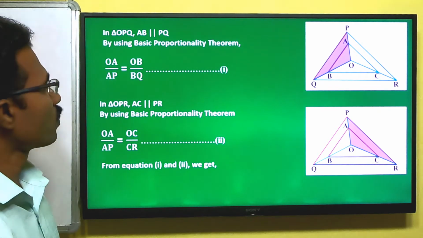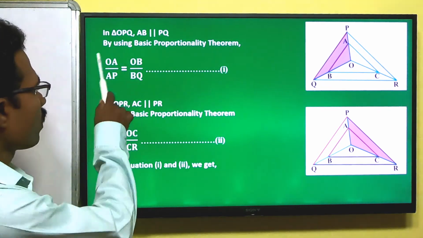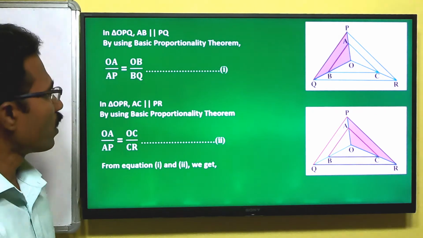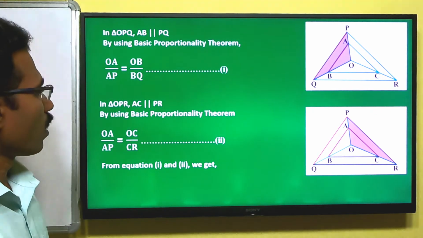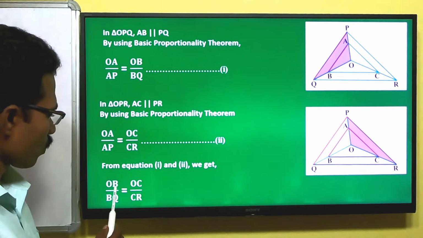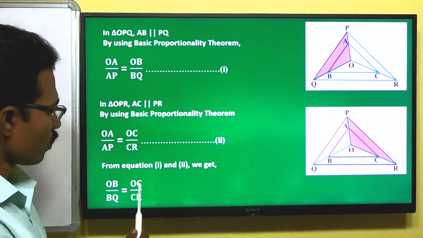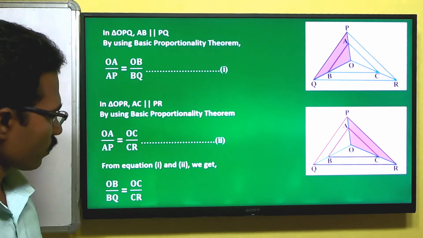From equations 1 and 2, OA upon AP is common. Therefore, OB upon BQ equals OC upon CR.